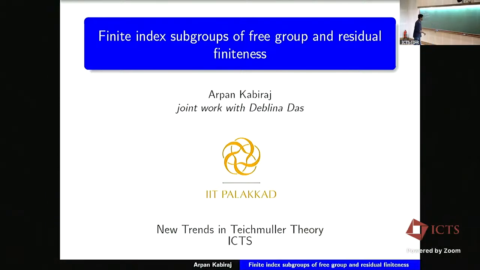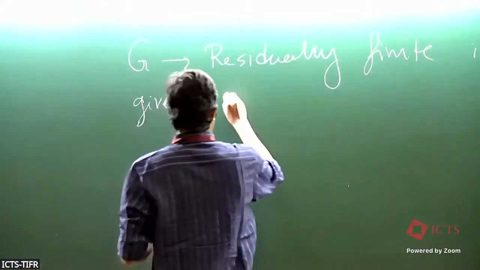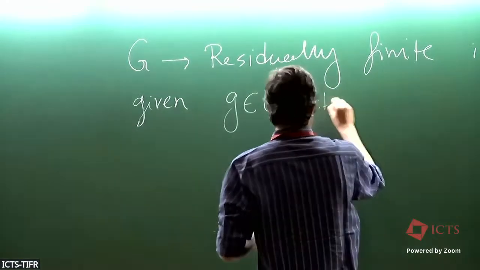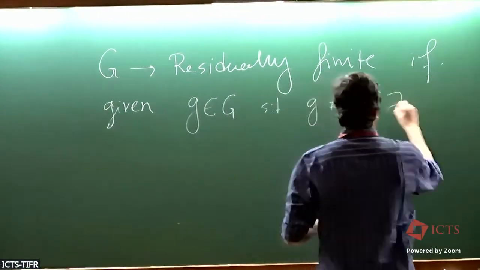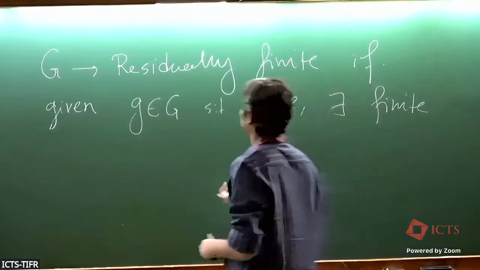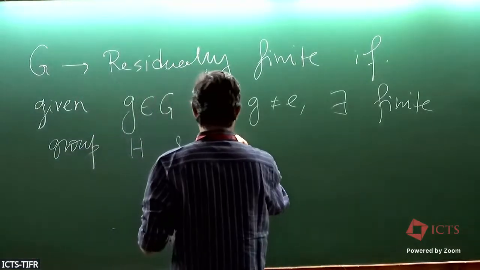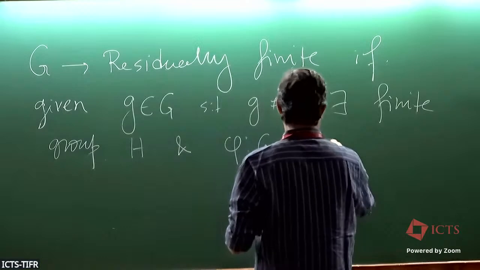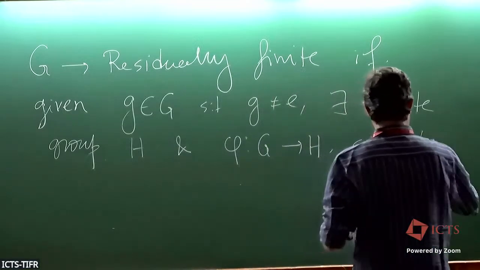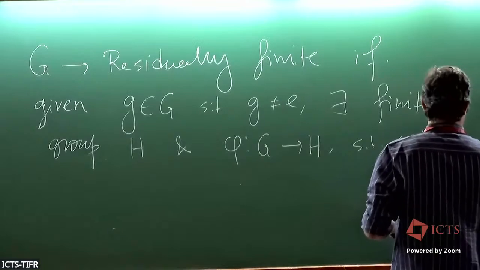So let me start by recalling the definition of residual finiteness. I say a group G is residually finite if, given any non-trivial element g in G, such that g is not equal to identity, there exists a finite group, let's call it H, and a homomorphism phi from G to H such that the image of g under this homomorphism is not equal to identity.